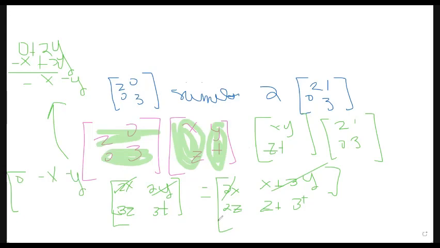And then 3z minus 2z is z. And then 3t minus 2 plus 3t.